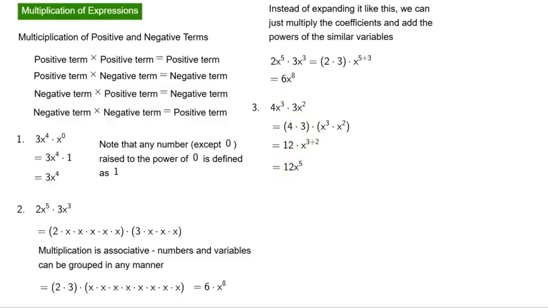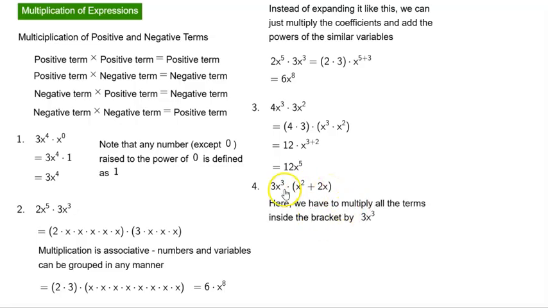Now, I'm writing all the steps, but remember, most of these steps we will be doing in our mind. So 3x cubed times x squared plus 2x. Now here we have to multiply all the terms inside the bracket by 3x cubed.